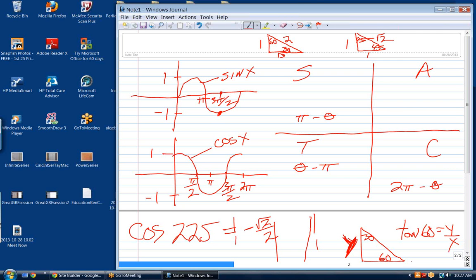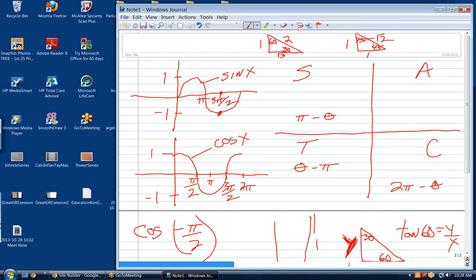You won't miss any. Let me give you a few quadrangles. What is the cosine of minus pi over 2? So cosine of pi over 2, look at the cosine chart.